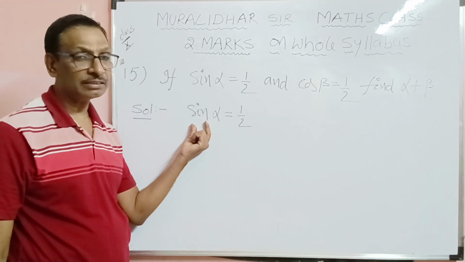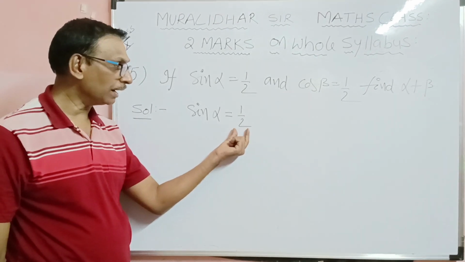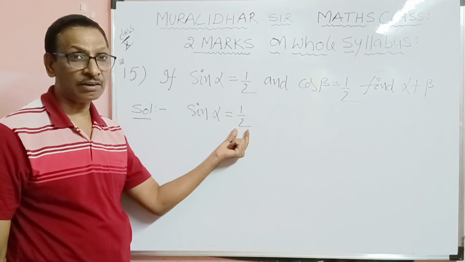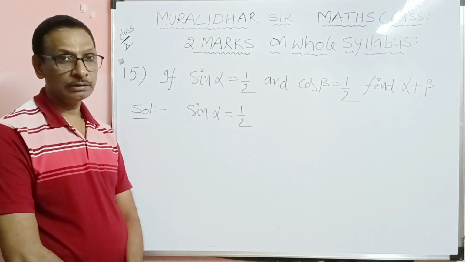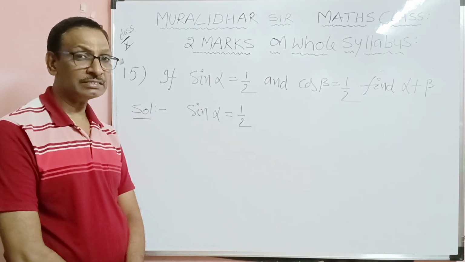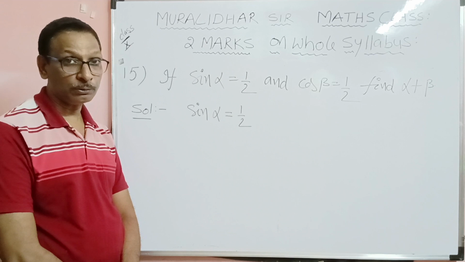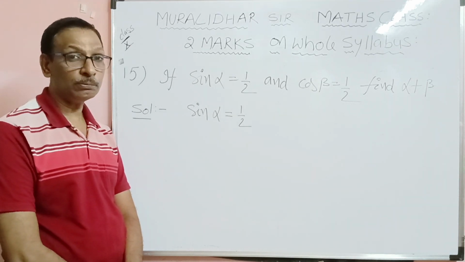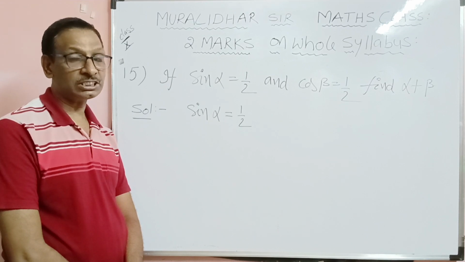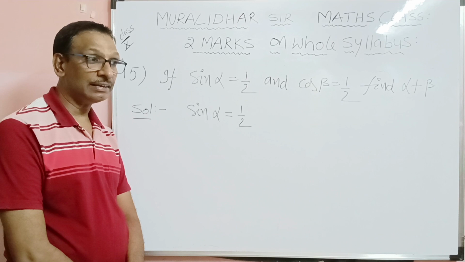This ratio is sin alpha, and you write this value also in terms of sin. We already know that sin 0 degrees is 0, sin 30 is equal to 1 by 2, sin 45 is equal to 1 by root 2, sin 60 is equal to root 3 by 2, and sin 90 is equal to 1.